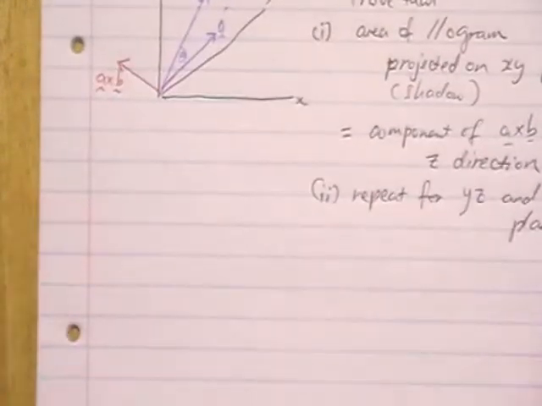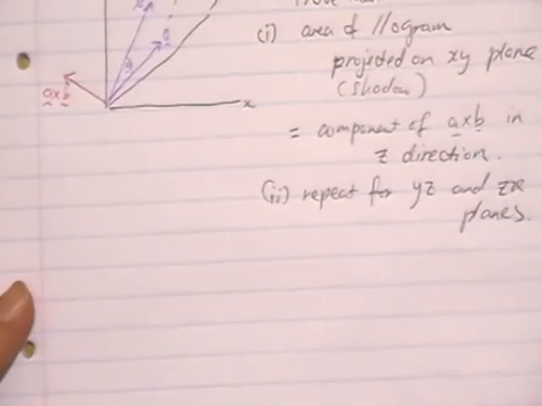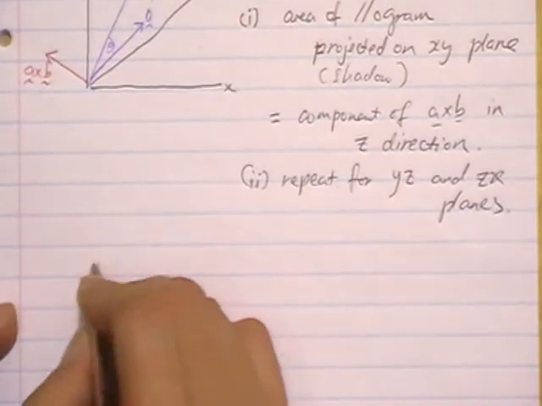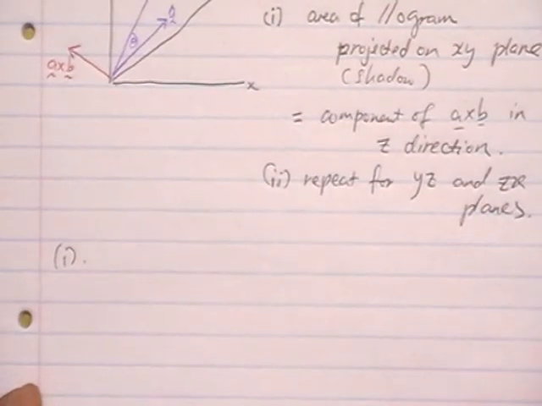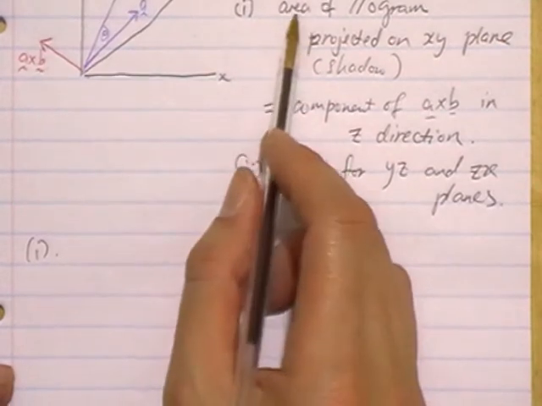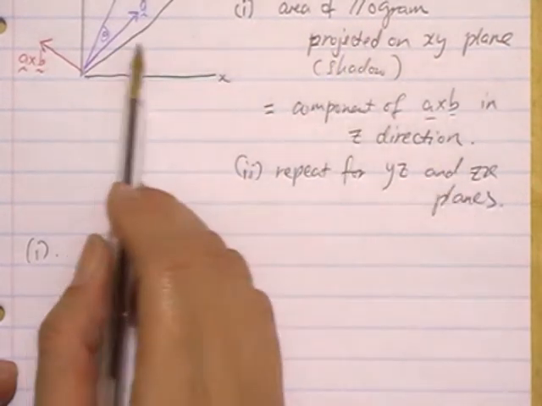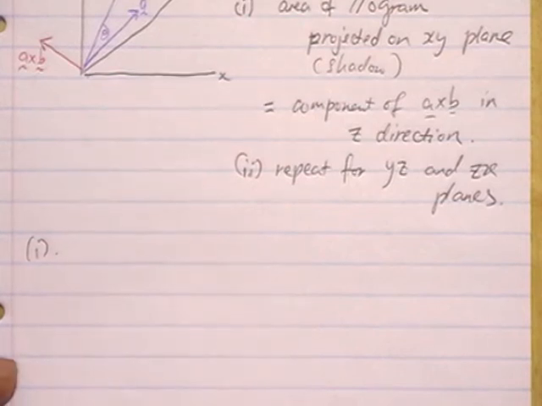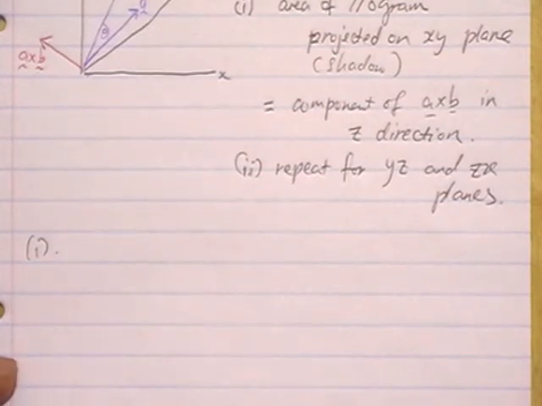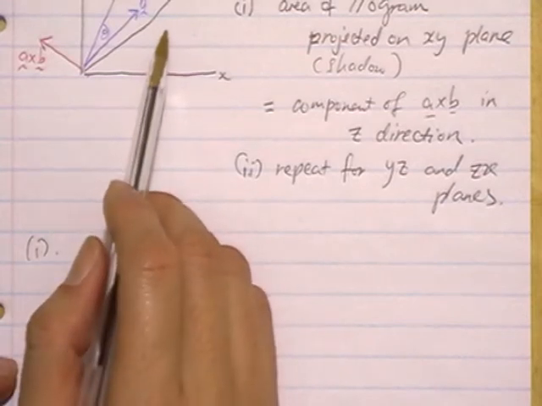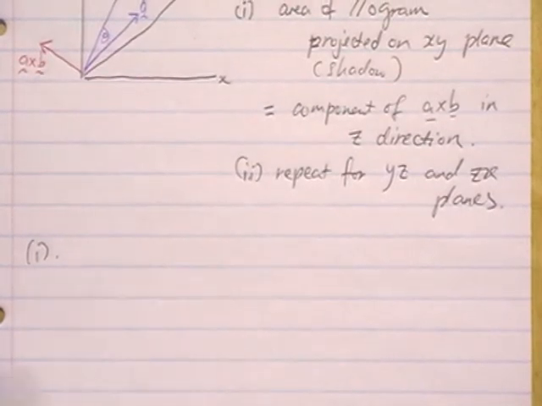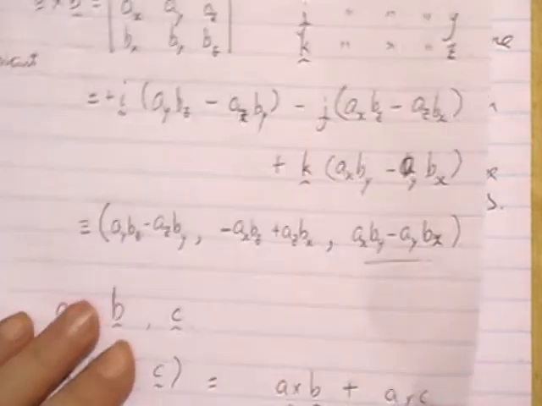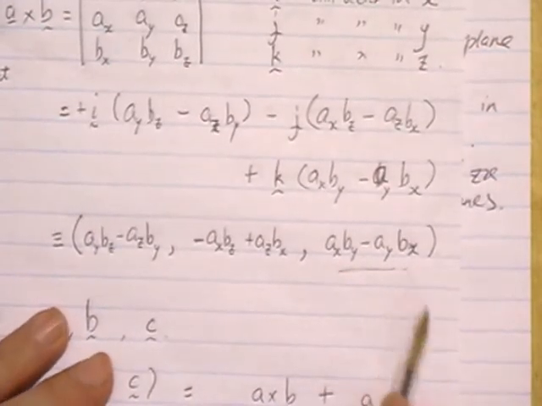So for step 1, what I need to do is to show that the area of the parallelogram projected onto the xy plane is actually given by the same formula that gives the z component here.